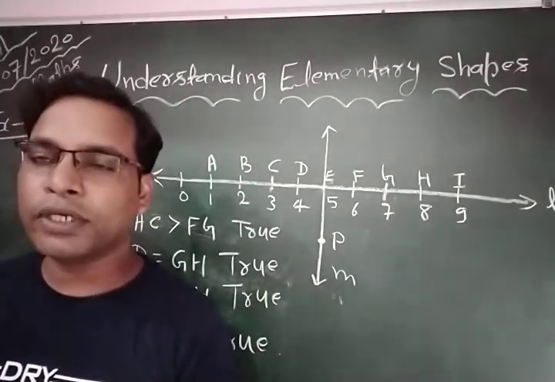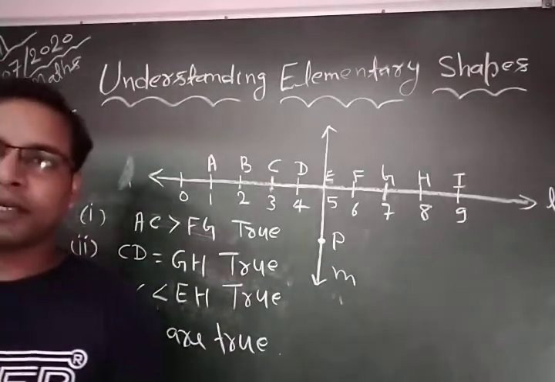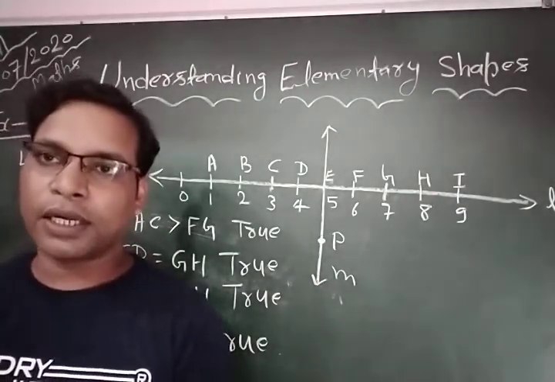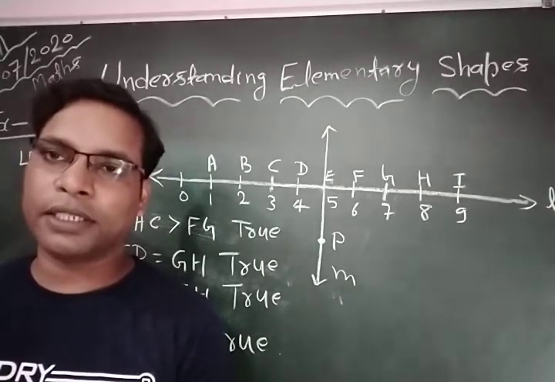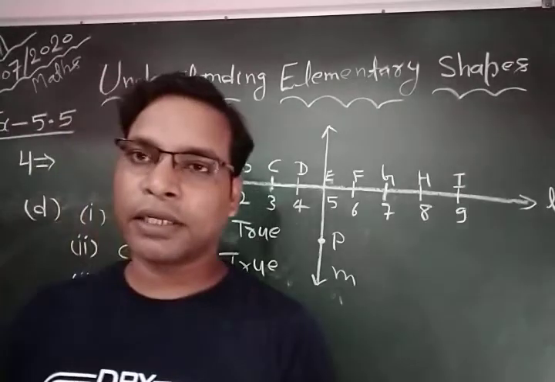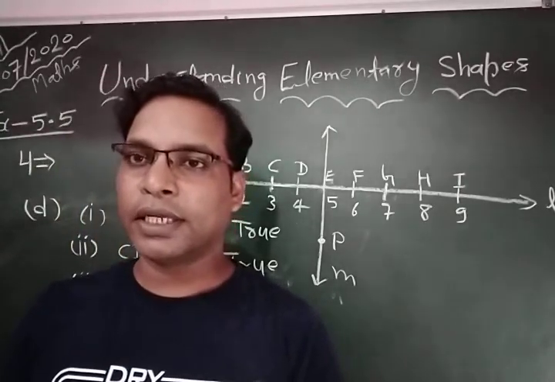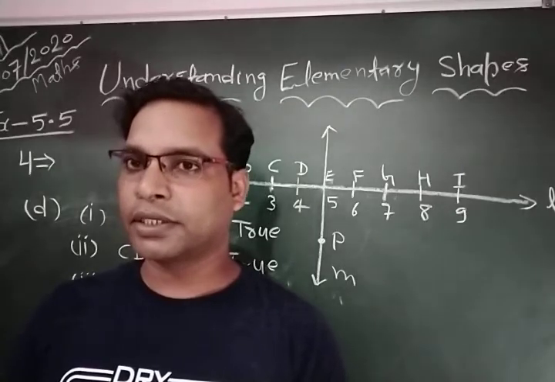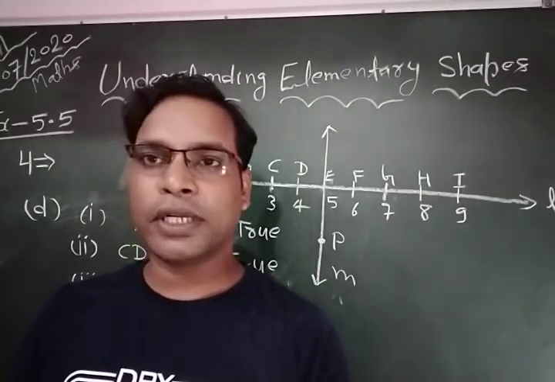Now we are going to discuss classification of triangles. On the basis of sides, and on the basis of angles. On the basis of sides, triangles have three types: scalene triangle, isosceles triangle, and equilateral triangle. In scalene triangles, no sides are equal.